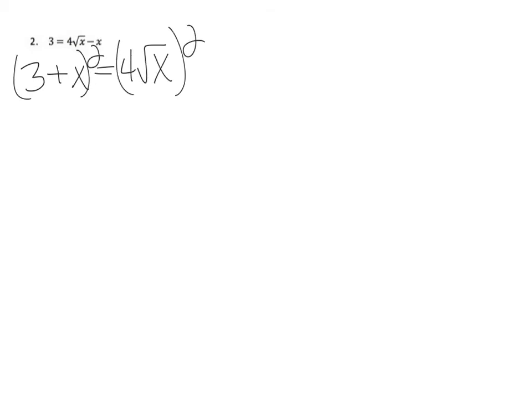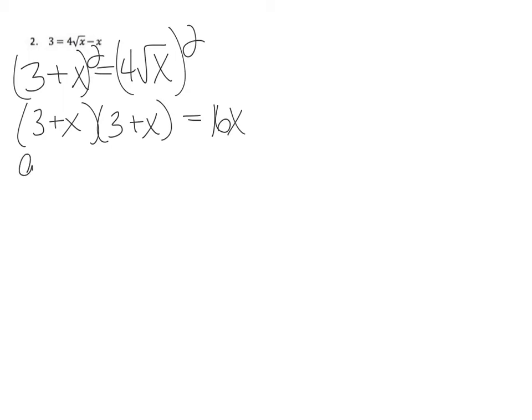Okay, let's try this one together, and then I'll let you do the next two on your own. Go ahead and add x to both sides so that we can square both sides. So I get 3 plus x equals 16x.